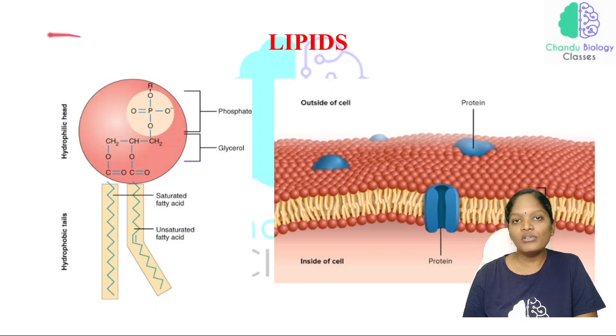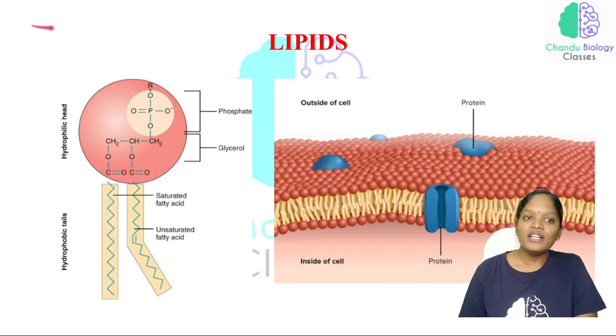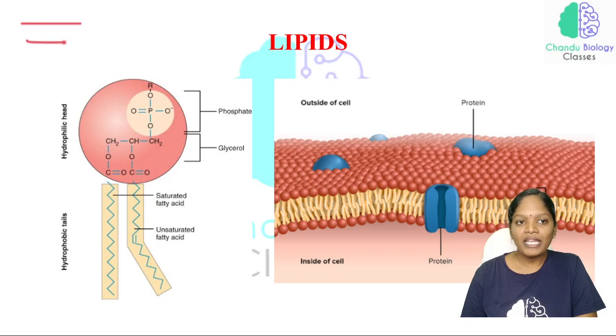Just look at this point: why do we have to maintain fluidity and rigidity in the membrane? This is very, very important. We studied in the first class itself that for the lipid bilayer, if the temperature is higher, the plasma membrane will be more fluid.